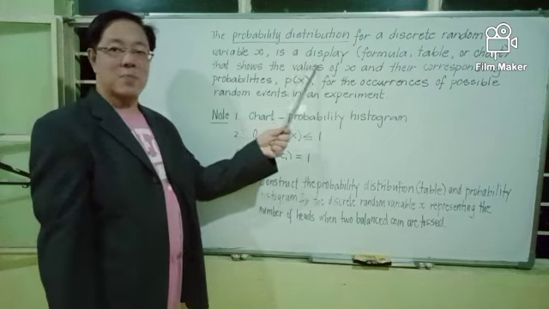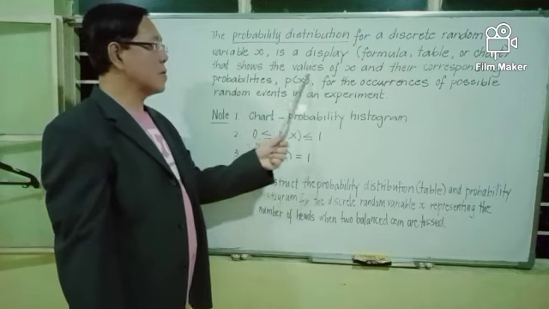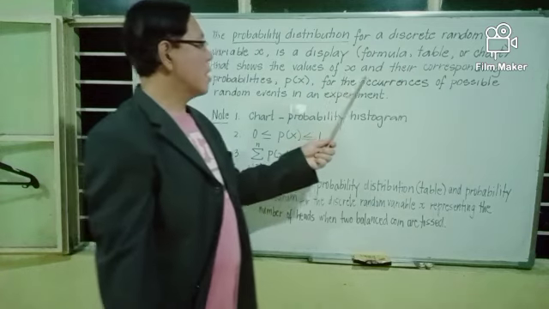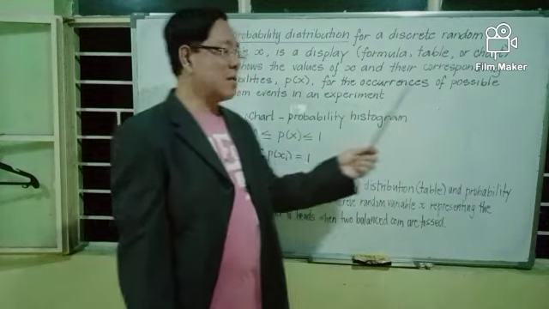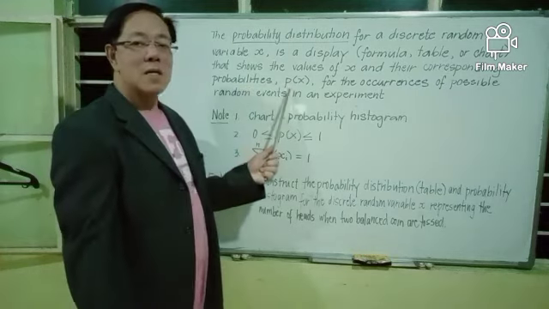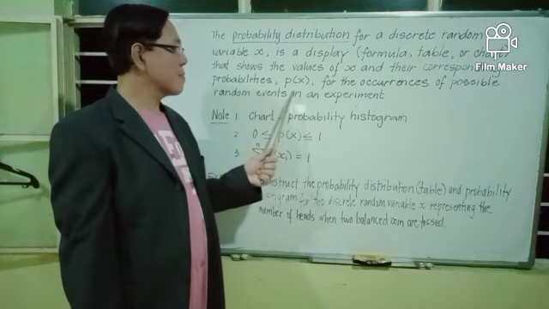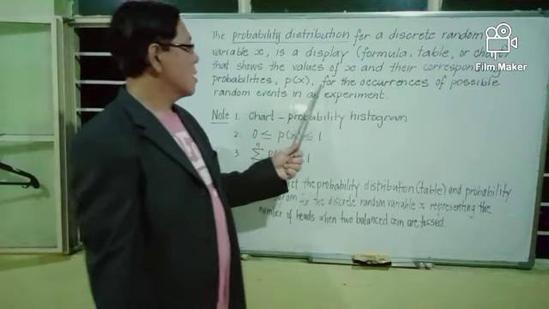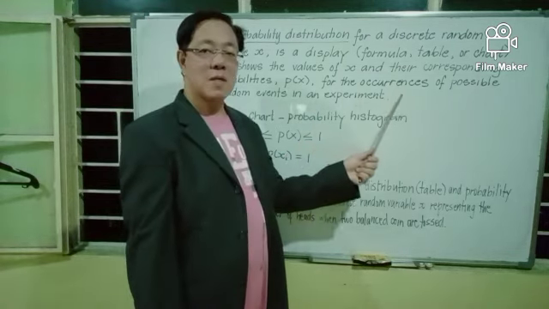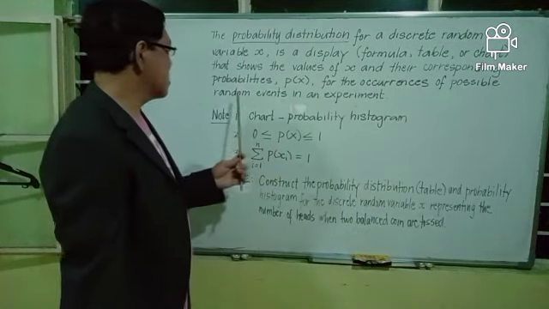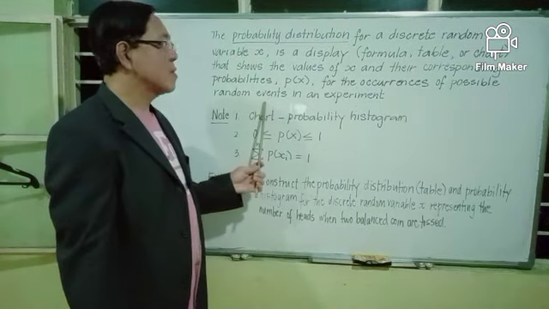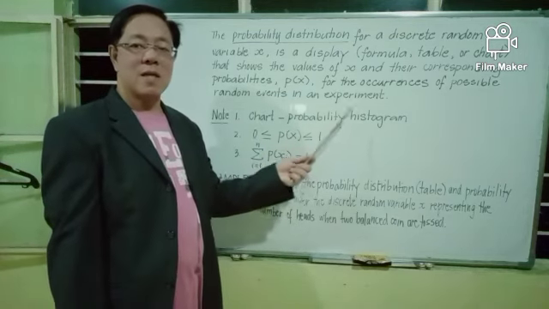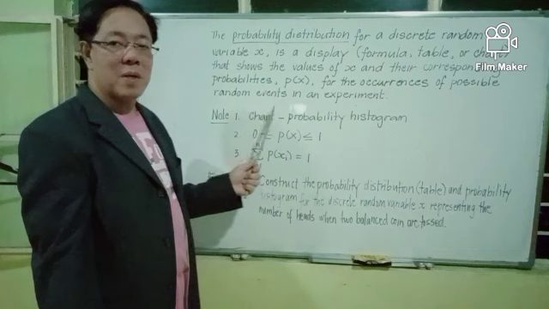And this display shows the values of the discrete random variable x and their corresponding probabilities denoted by p of x. And these probabilities p of x are the probabilities for the occurrences of the possible random events, the possible outcomes in an experiment, and these outcomes are random events.